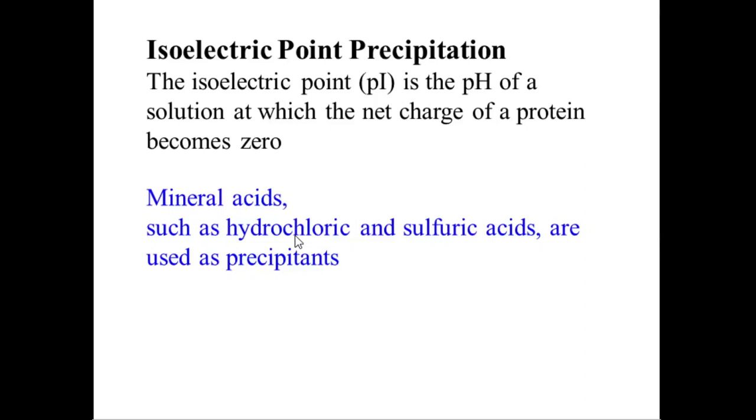Ideally the pI for most proteins is in the range of 4 to 7. If you want to precipitate, you can make use of hydrochloric acid or sulfuric acid.